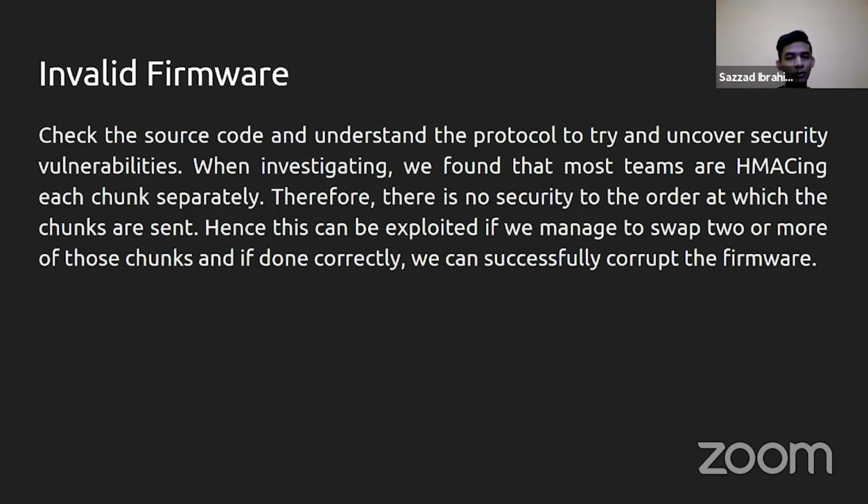When we were investigating other designs, we found that most teams were HMACking each of their firmware chunks separately, and therefore there was no security to the order at which the chunks are sent. So if we somehow managed to swap two or more of those chunks, we could successfully corrupt the firmware, but the bootloader will still accept the firmware because the HMAC was still verified.